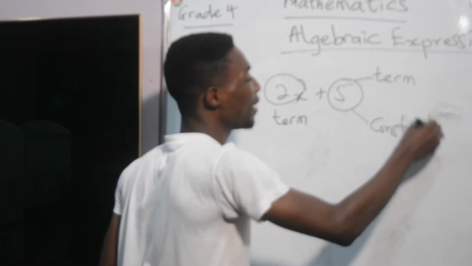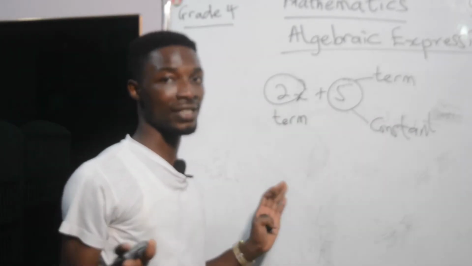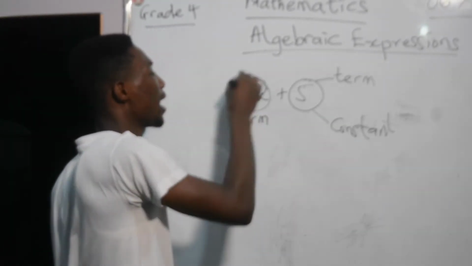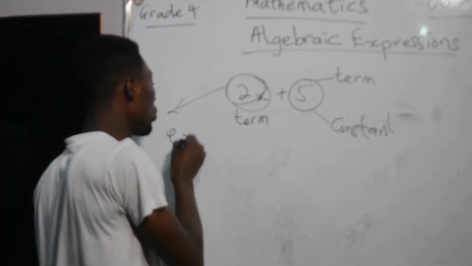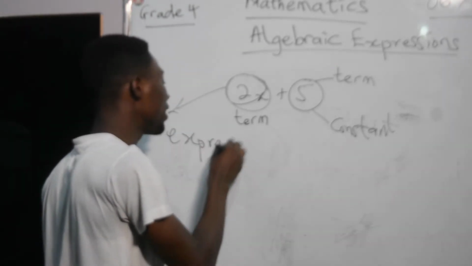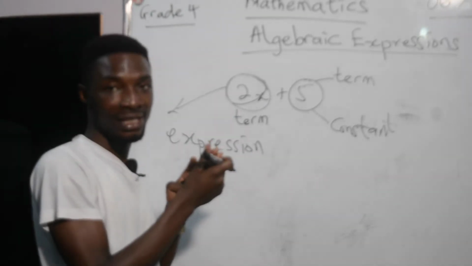So the number 5 in this expression is constant because no letter is attached to it. A term with a letter attached to it is called an expression, although the entire statement is an expression. But we usually give this name to terms that have letters attached to them.